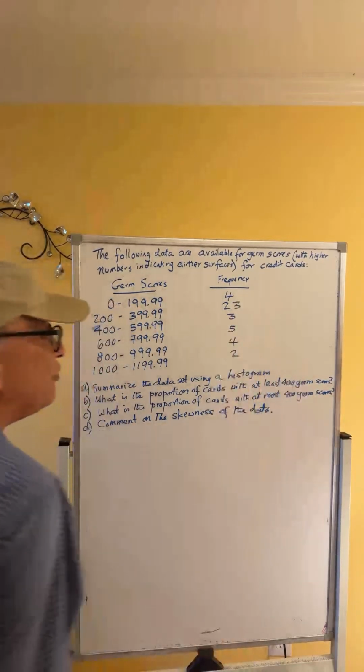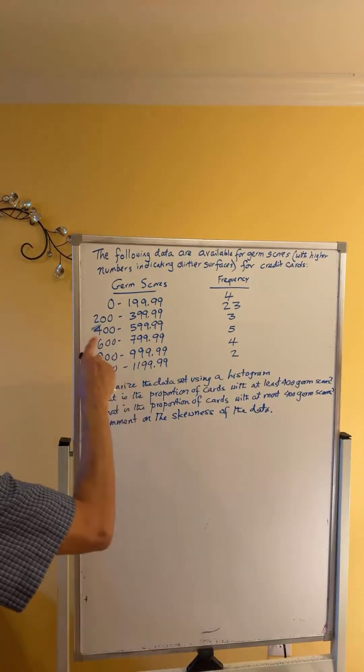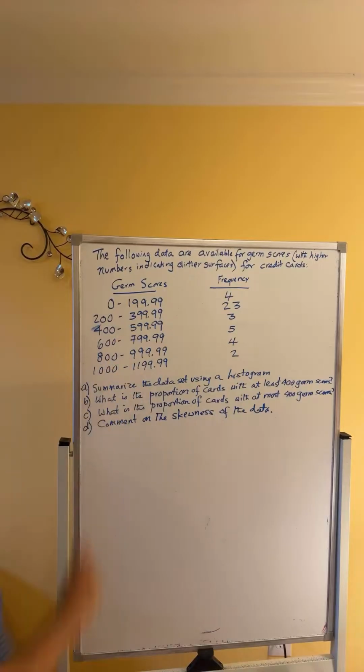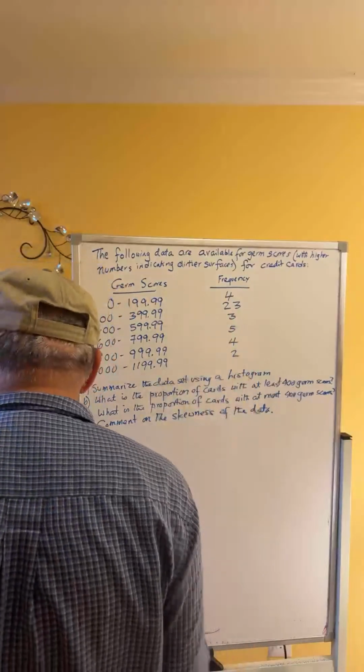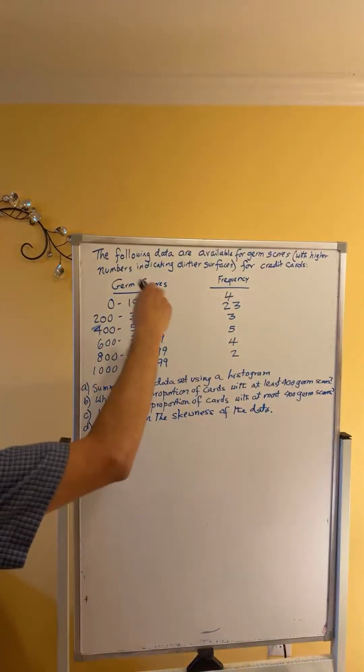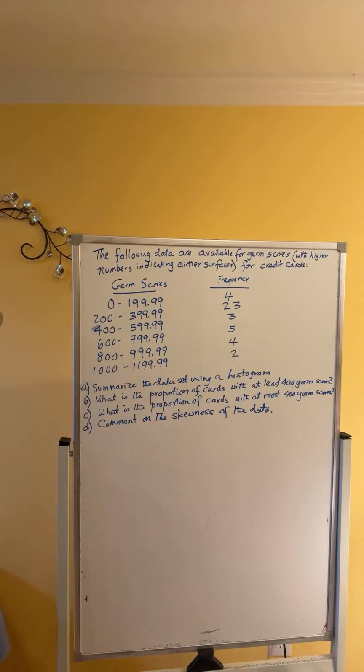The count of frequency is 4 in that group or class. The next group is from 200 to 399.99. The count in that group is 23, and so forth. The highest number of germs is up to 1199.99. Summarize the data using a histogram.